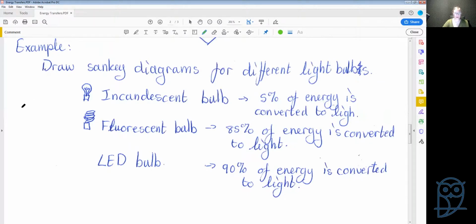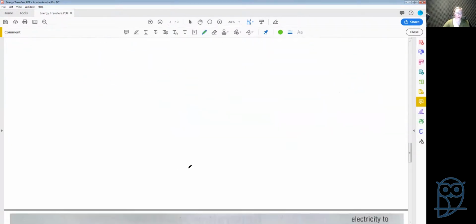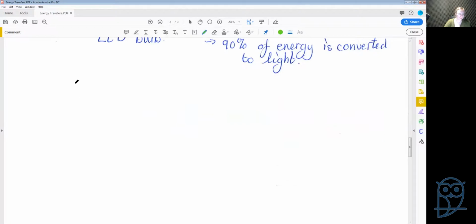So here's a few examples. Draw Sankey diagrams for different kinds of light bulbs. These are actual numbers that I got for these light bulbs. An incandescent bulb is that kind of bulb that has the wire filament inside it. Only 5% of the energy of an incandescent bulb is actually converted to light. I saw a spelling mistake, sorry. So if we draw one for an incandescent bulb, then we have our amount of starting energy.